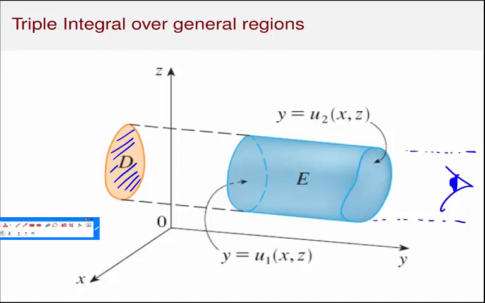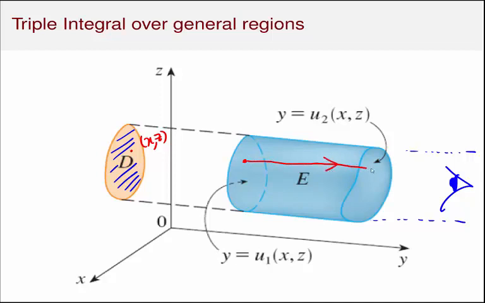And furthermore, for every point xz on the region D, there will be a corresponding arrow starting from the surface y equals u1 of xz, going in the positive direction of y until it reaches the surface y equals u2 of xz.